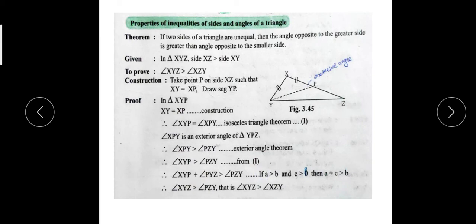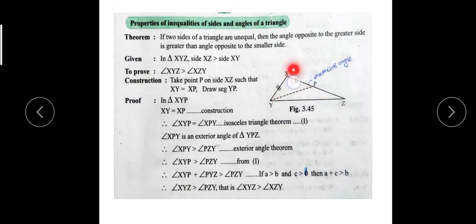Understood? Now listen how it is understood now. So now listen, why is XYZ greater than PZY? XYZ is greater because your XPY is equal to XYP.